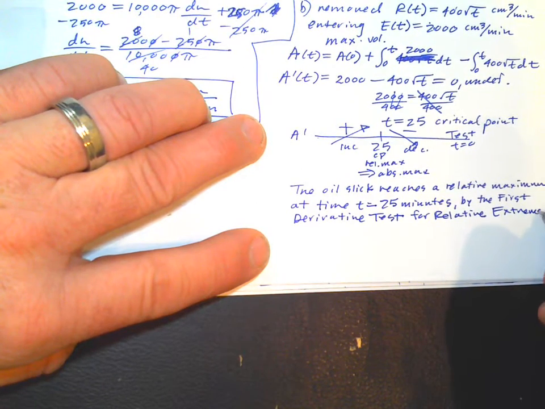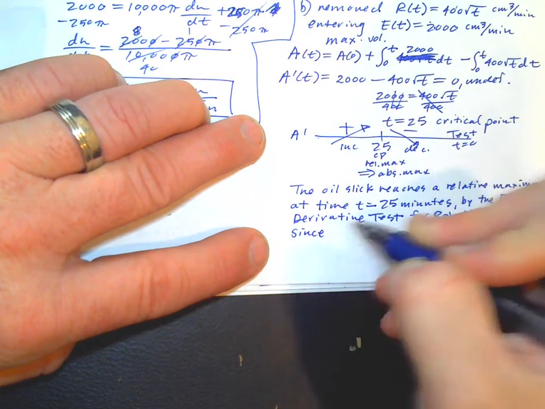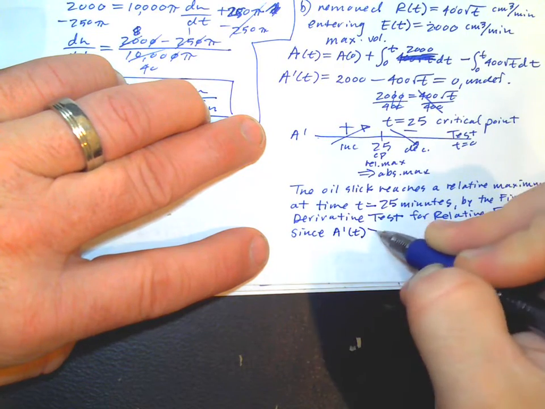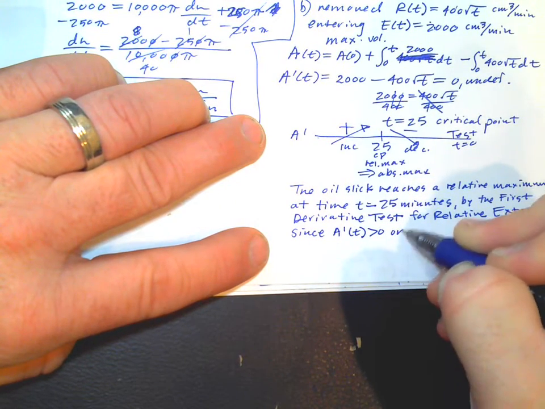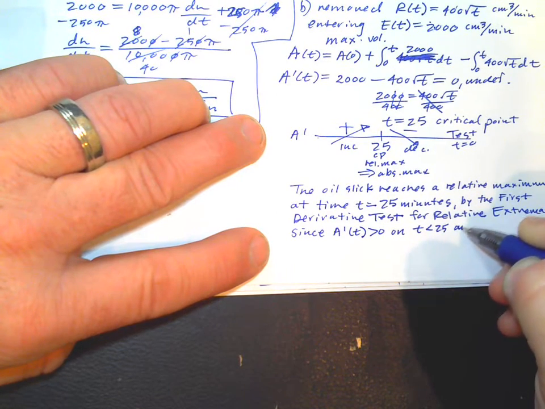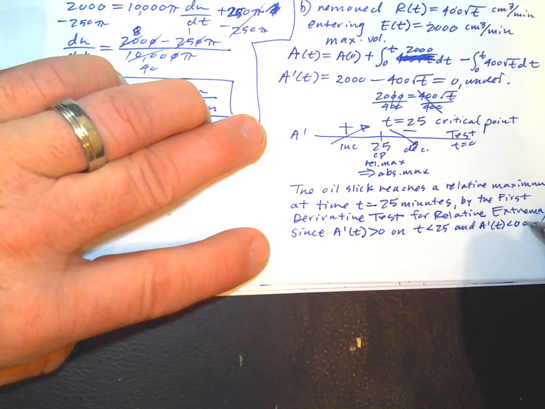How do you know that? Since A prime is positive on times less than 25 and A prime is negative on times greater than 25. So that just justifies relative max.